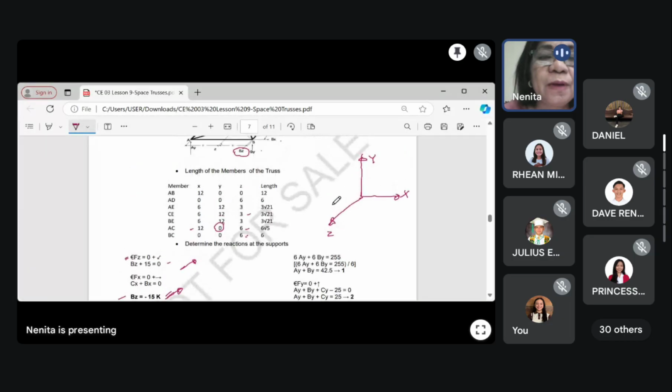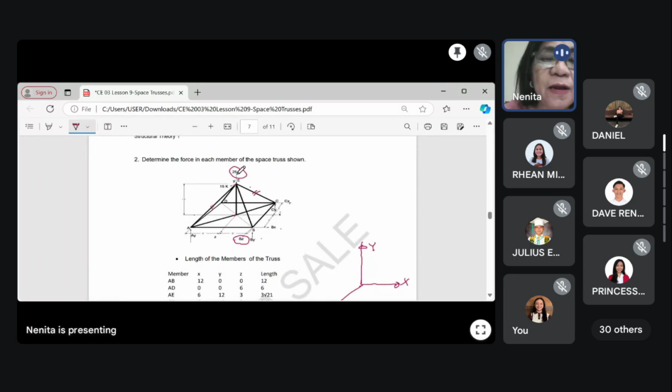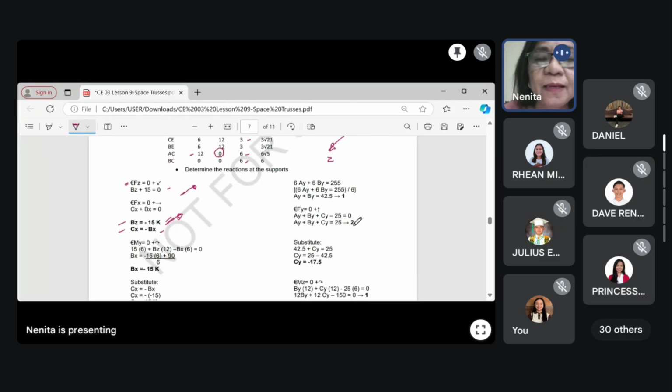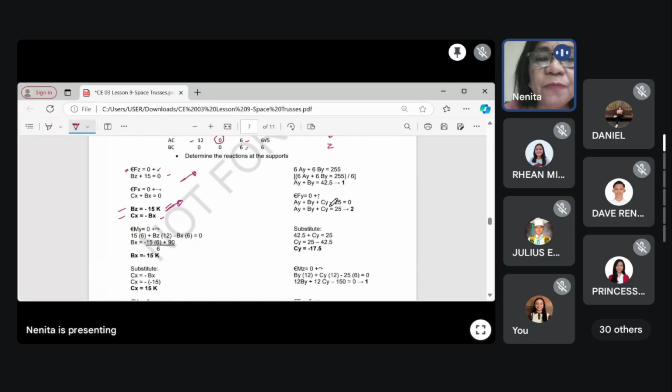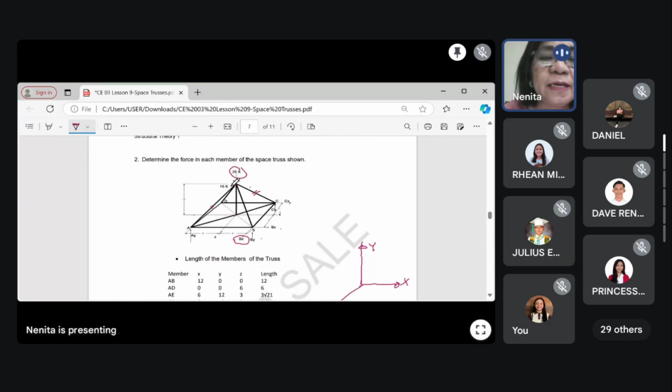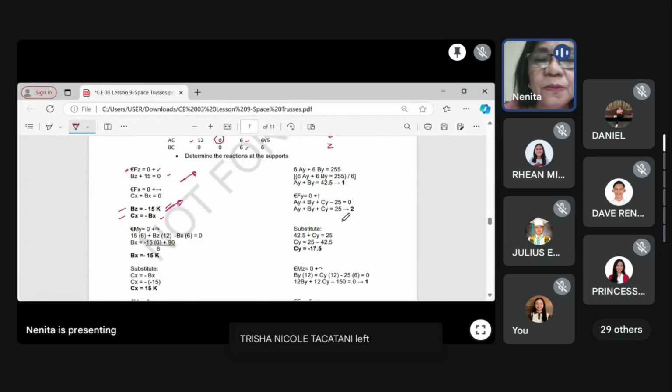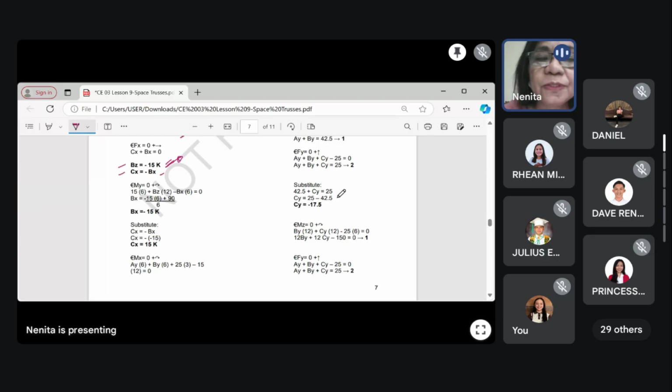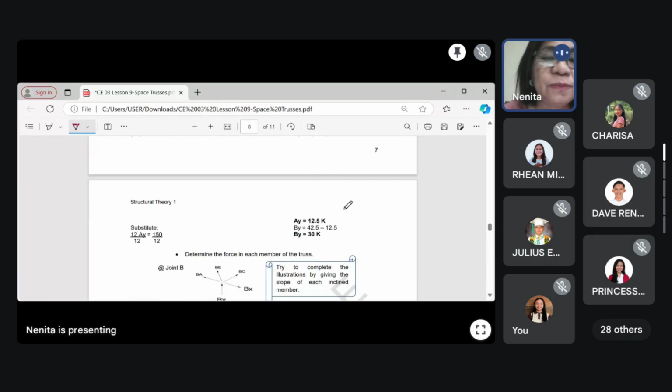No? Ano ba yung mga y natin? 25, cy, ay at by. So, tulo, no? Kaya nga ay plus by plus cy minus 25. 25 is also along the y. Okay, you know already how to use your calculator in order to get the unknowns.